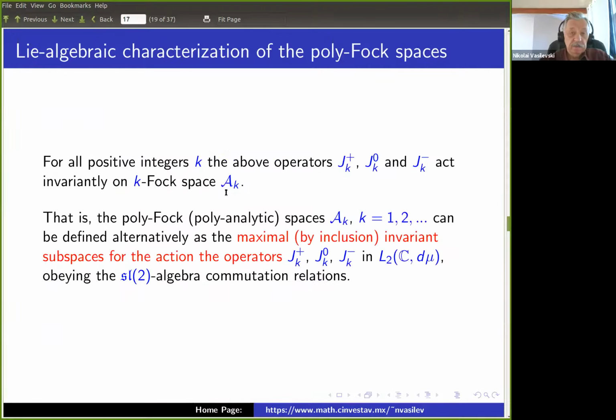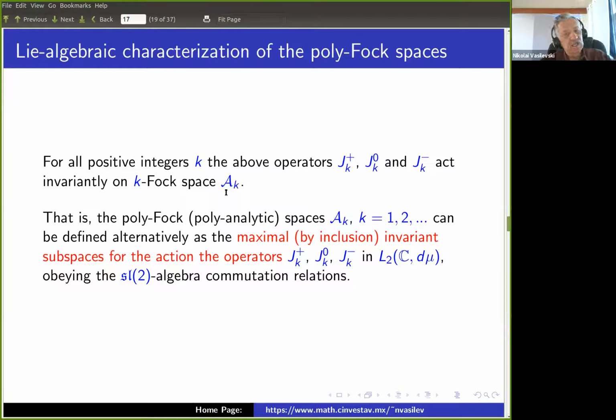And again, polyfock spaces of analytic functions can be defined alternatively as maximal by inclusion invariant subspaces for the action of our operators obeying the SL2 algebra commutation relations.